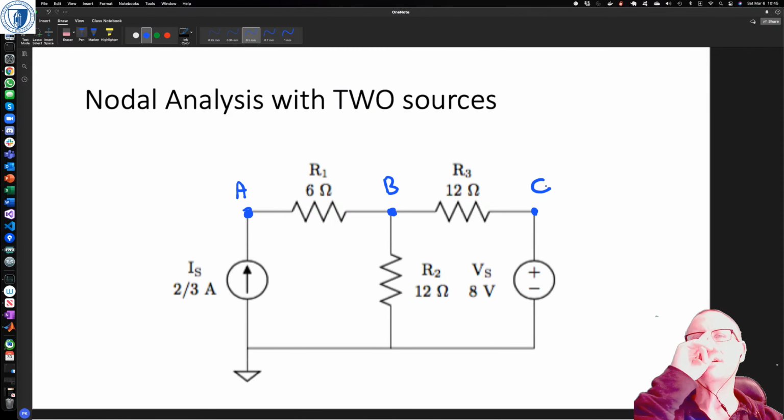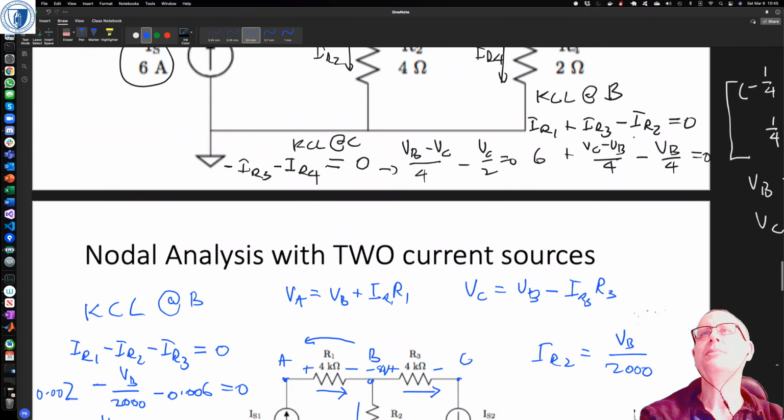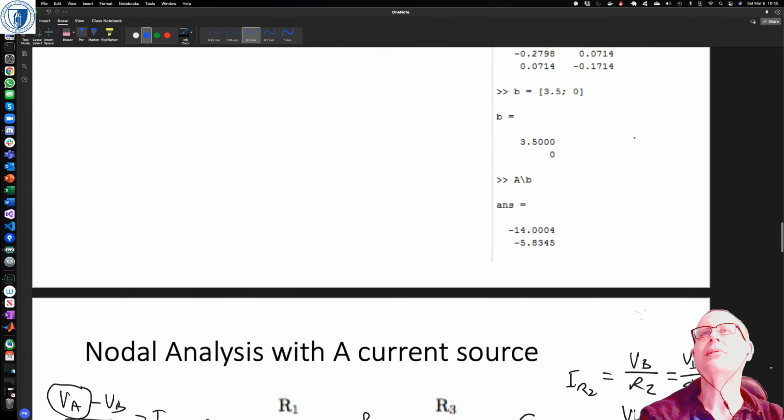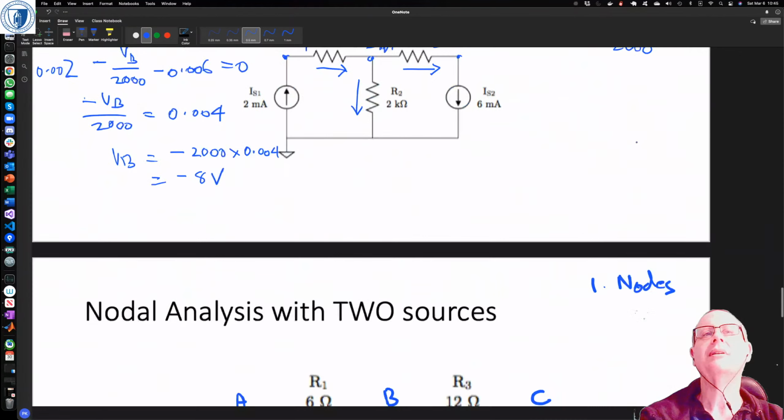The node is an area of constant voltage, so it's not a point. Okay, so that was step one, identify the nodes. I've forgotten what step two was. Step two, express the element currents.